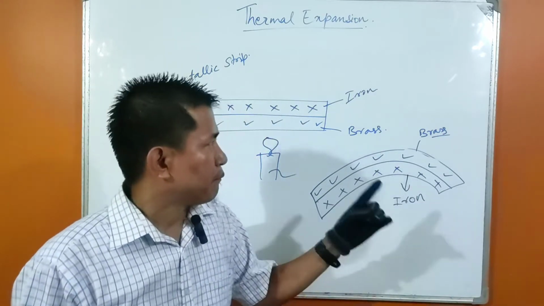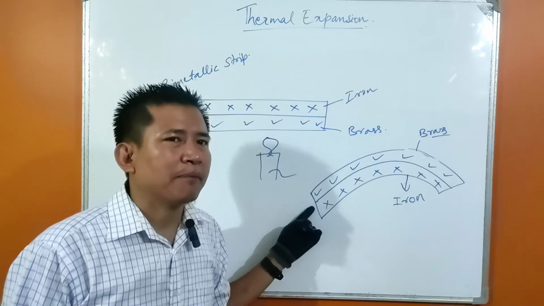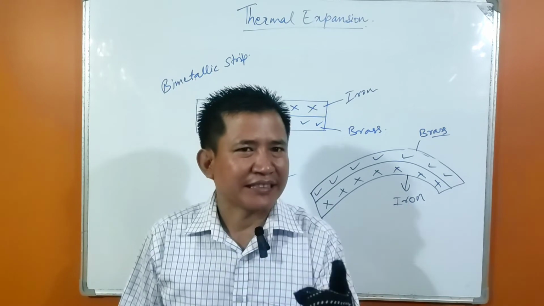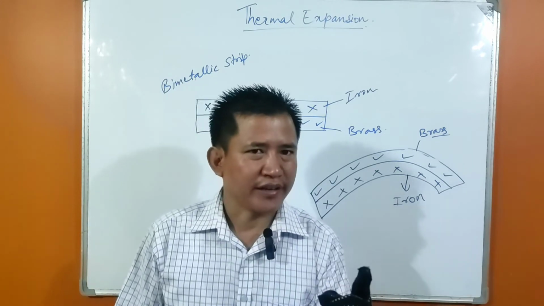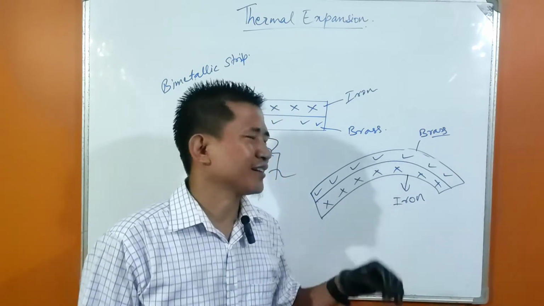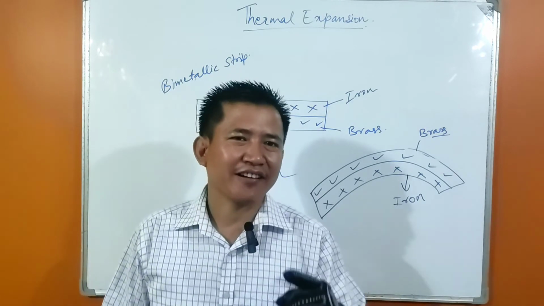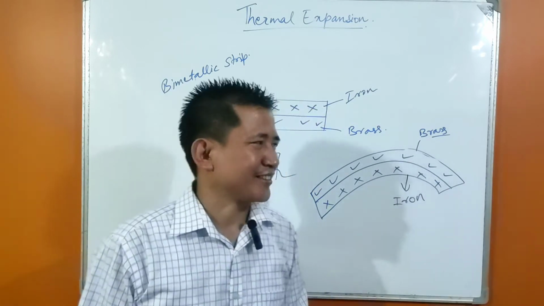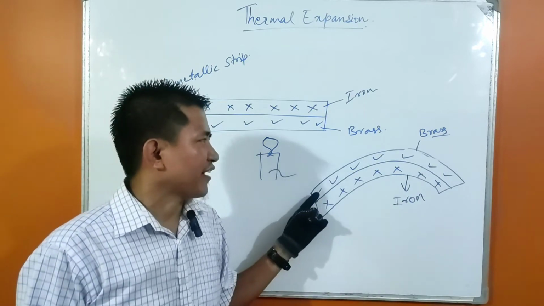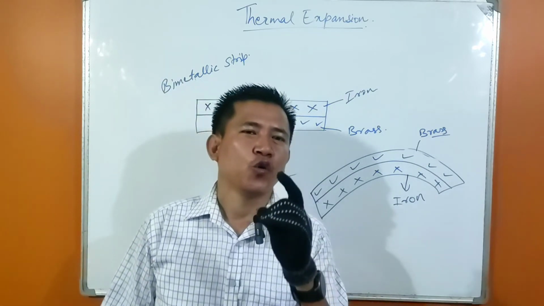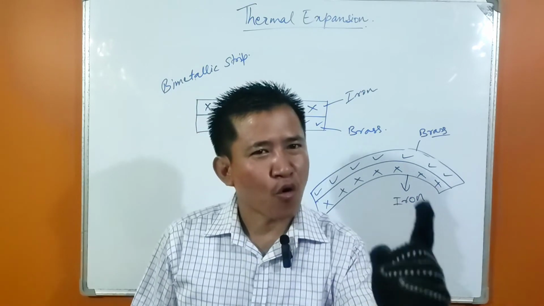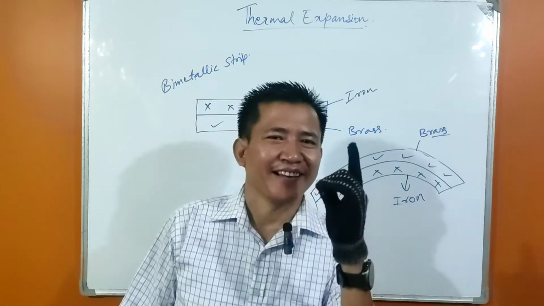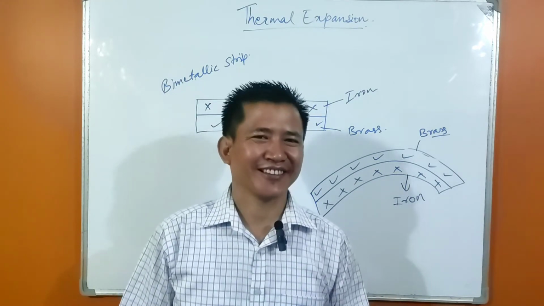But this bimetallic strip is seen to bend in this way, which means these metals did not expand equally. Moreover, brass is on the convex side, which means brass expanded more than iron for the same amount of heat, and iron expanded less than brass, isn't it?